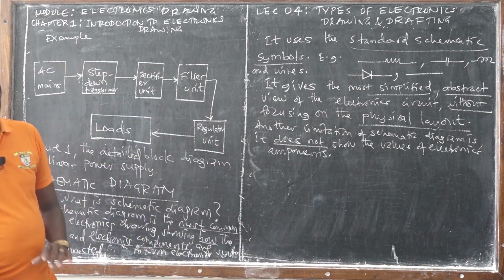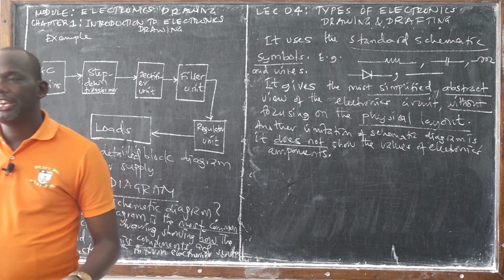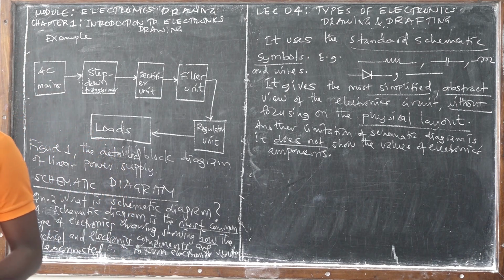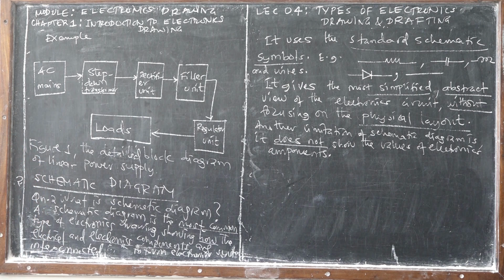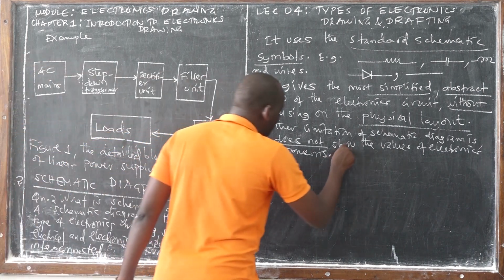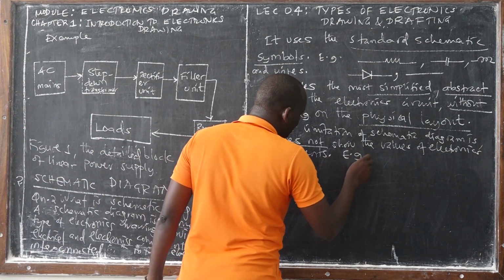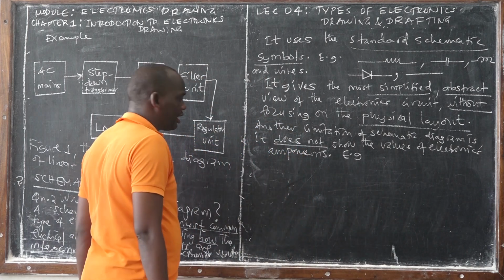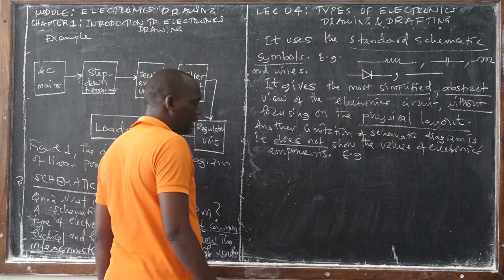However, some scholars confuse the difference between the schematic diagram and the circuit diagram. So let us have an example of this schematic circuit diagram. Let us advance a little bit.